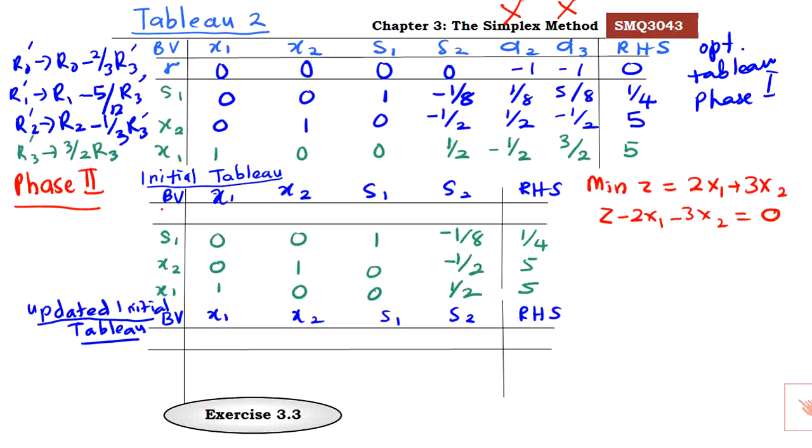So for row 0, it will be z, -2, -3, 0, 0, 0. So here we can see that x1 and x2 are BVs, but the coefficients in row 0 are not equal to 0. Therefore, we need to update row 0.